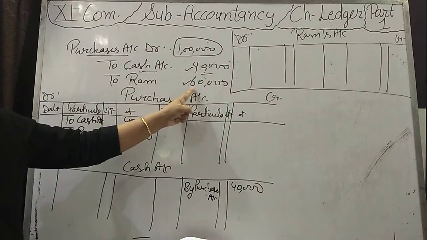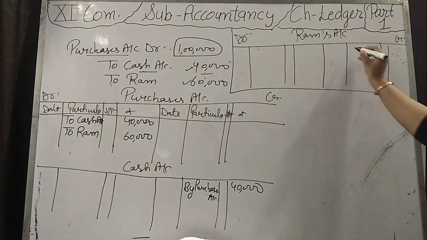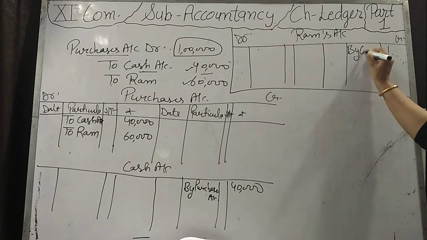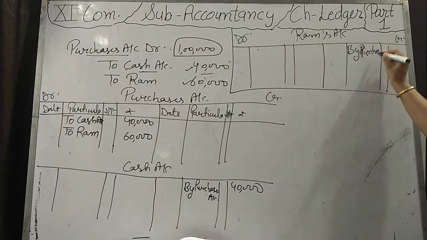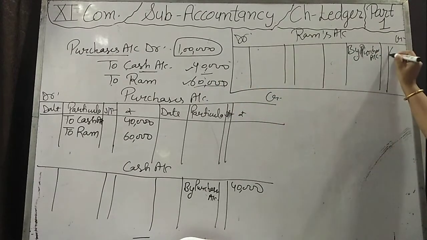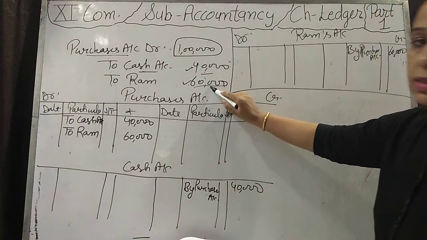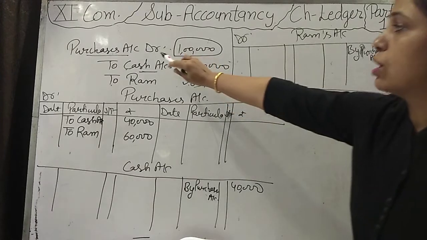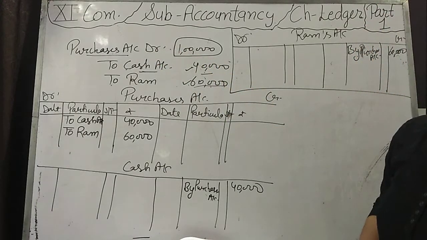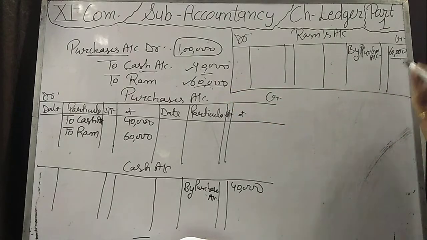Okay. Now RAM account. RAM account is credit. So in credit side of RAM account, in particular column we will write by purchases account. Amount is 60,000. RAM is credit 60,000 because of purchases. RAM का account credit है 60,000 से, so amount we will write here 60,000.